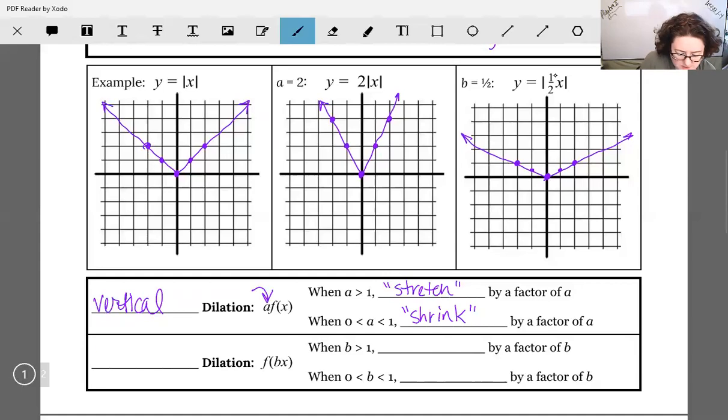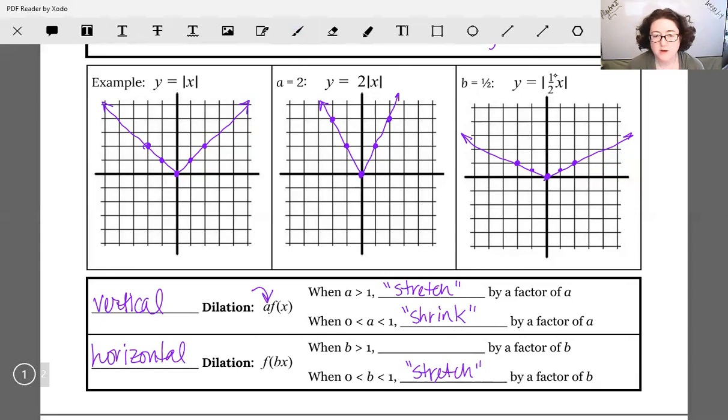Okay, we also have a horizontal dilation. And again, these go opposite from what you think. So when we plugged the 1/2 in, so when our number was between 0 and 1, that actually looked like a stretch by that factor of b, although technically we need to update that, and I'll update this then in the copy that I post.